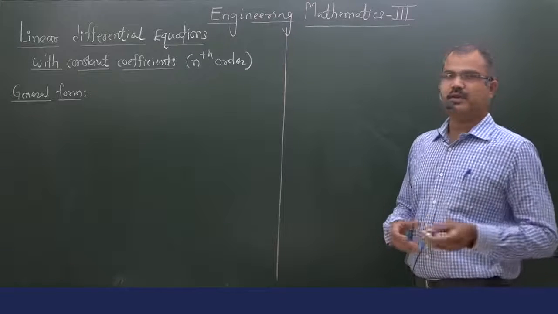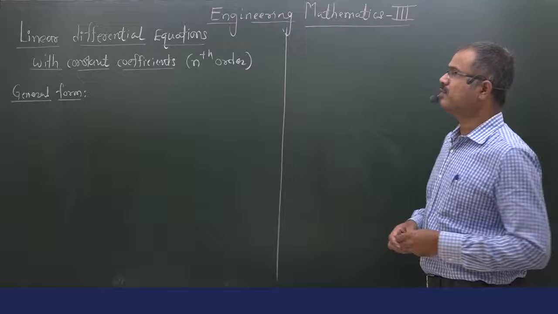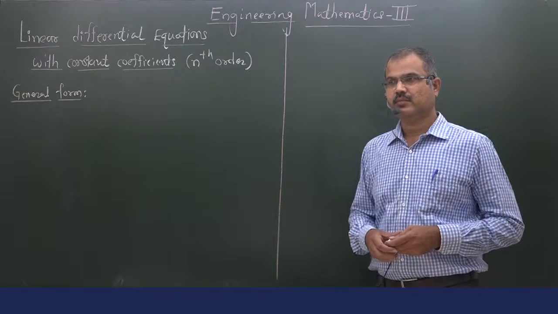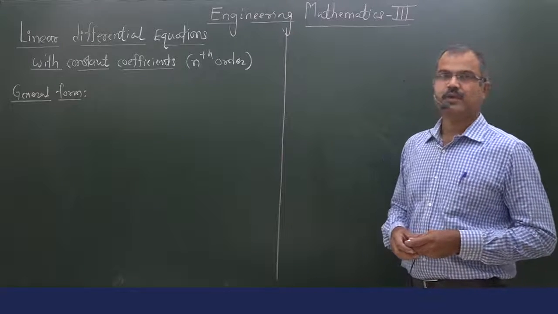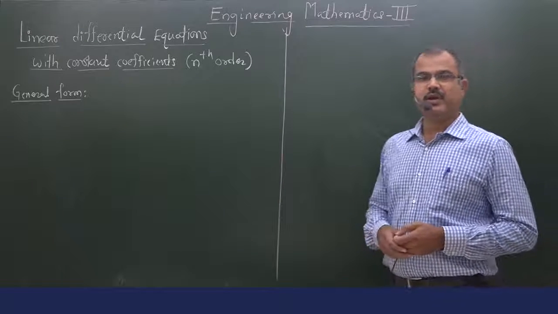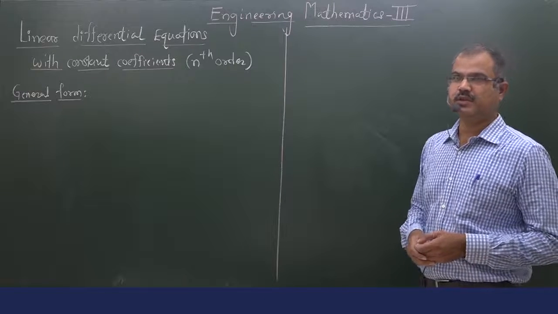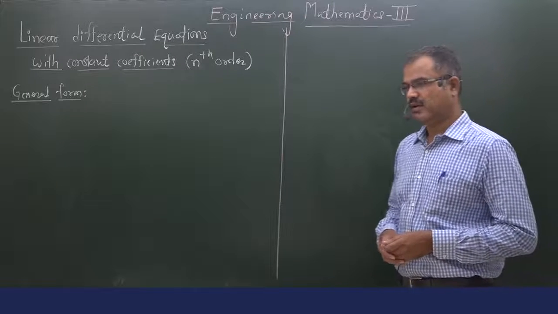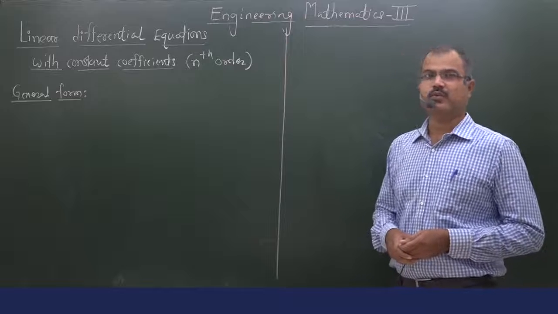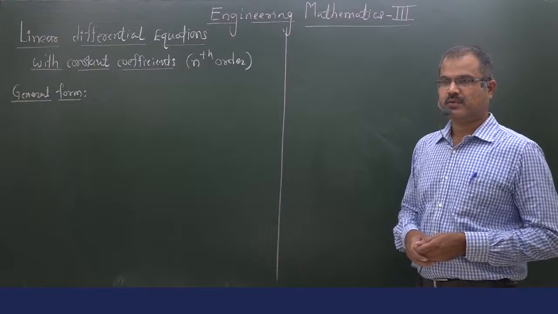A differential equation is said to be linear if degree of dependent variable and its differential coefficient is equal to 1 and they are not multiplied to each other.